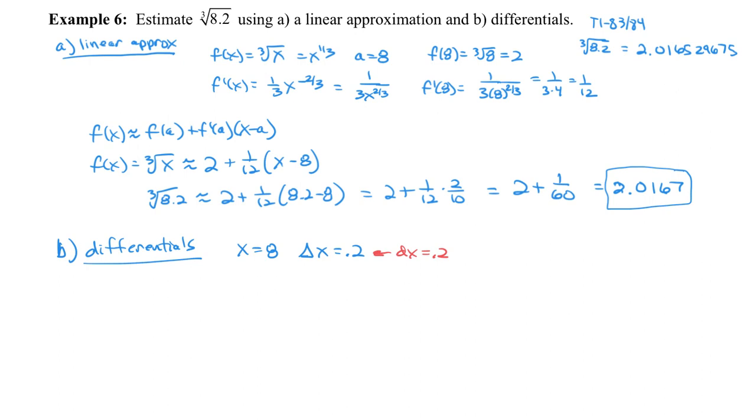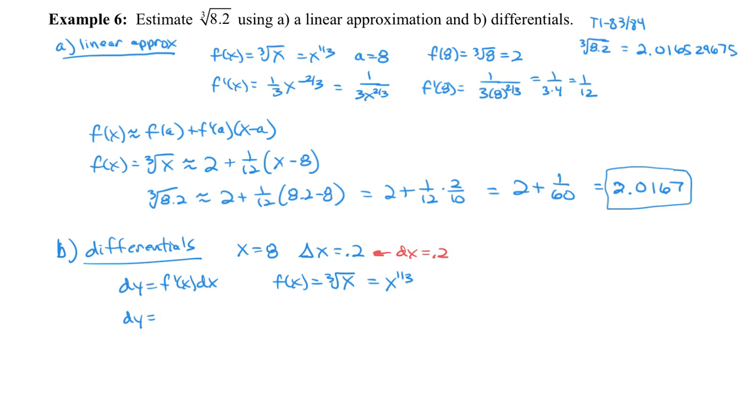Okay, so we'll start with this, and then we know that dy equals f prime of x dx. Well, for us, f of x is once again the cubed root of x, or x to the 1/3. And we've already calculated f prime of x up here, so we can just use that information here.